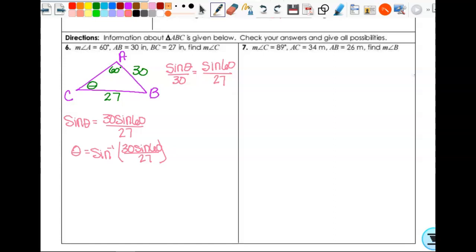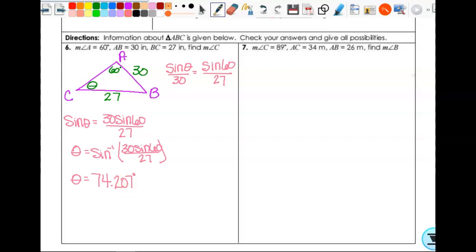So type that in. Let's see what we get. You should get 74.207.